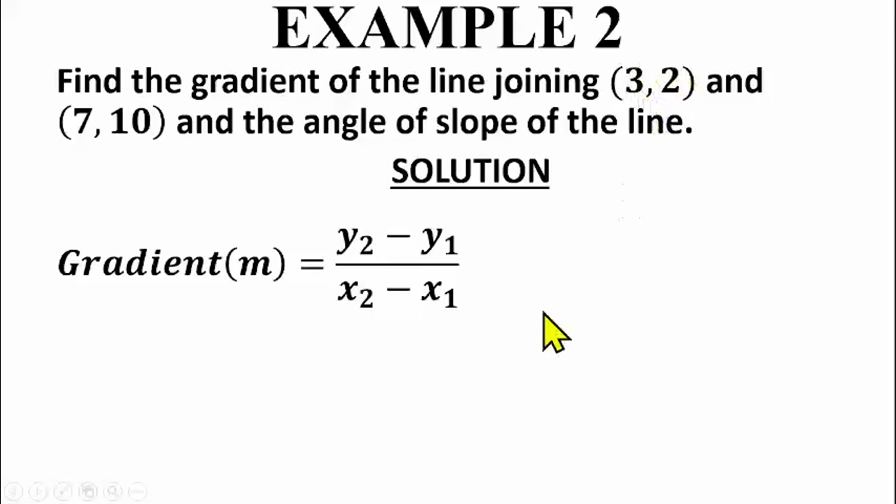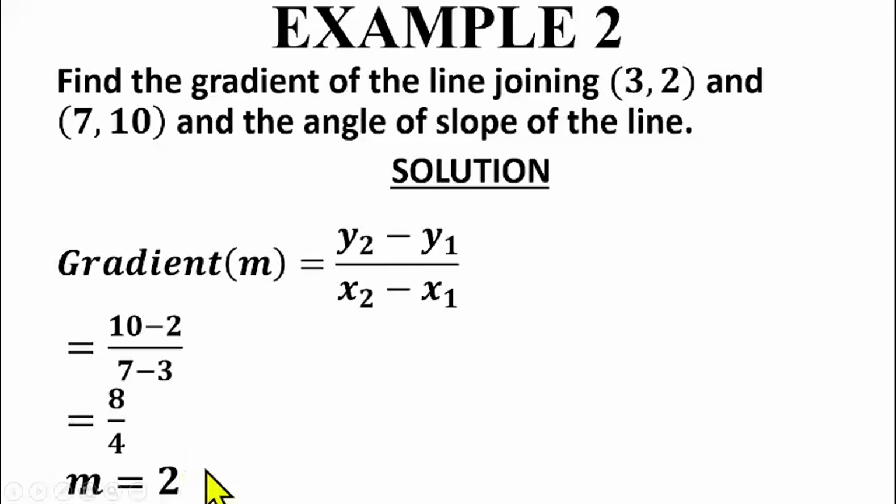Our x1 is 3. So if you substitute that into this formula, we have 10 minus 2 over 7 minus 3. If you simplify that, it will give us 8 over 4, and that will give us a gradient of 2. So don't forget that the variable to represent gradient is m. Anywhere you see m in coordinate geometry, that represents gradient.